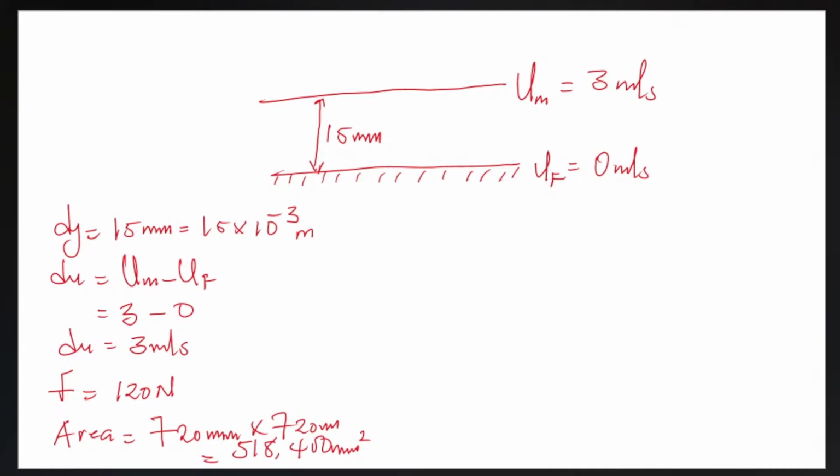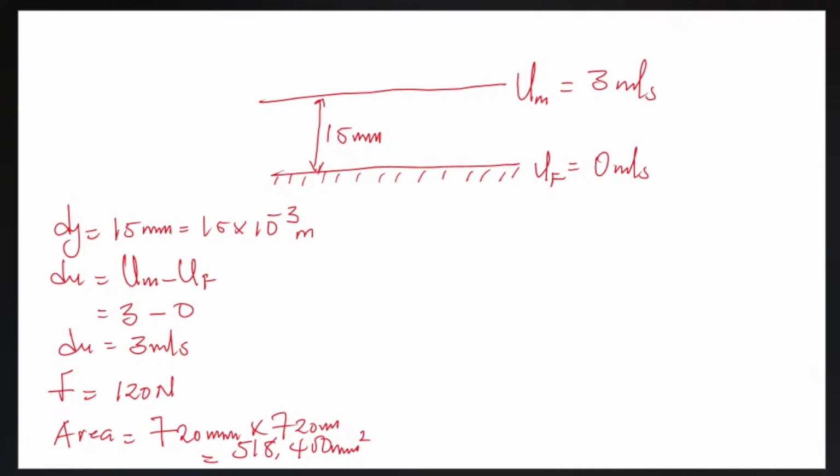So in your calculator, you first punch 3 divided by 15 times 10 raised to the power of minus 3. After getting your value, you then punch 0.2315 divided by the answer you got.